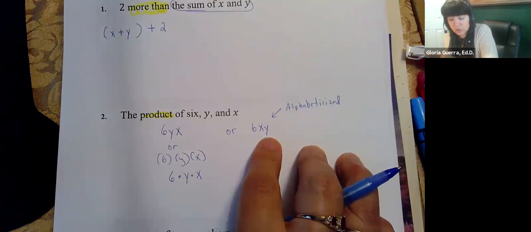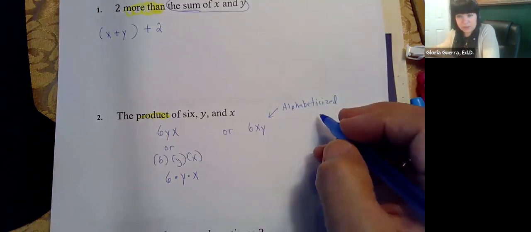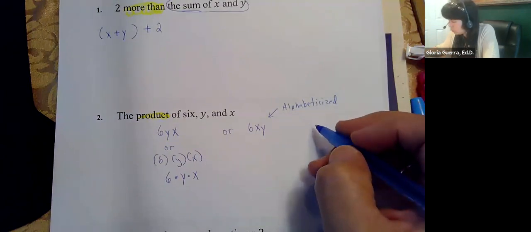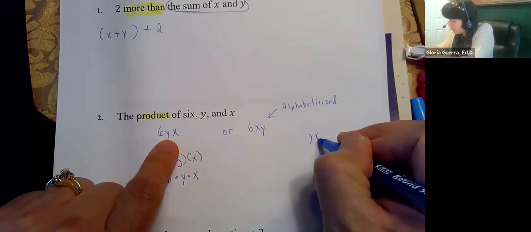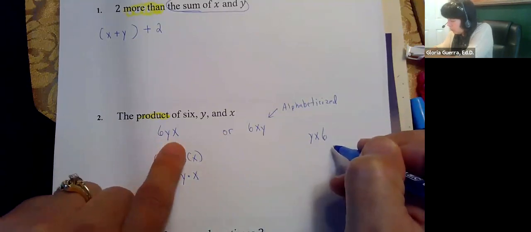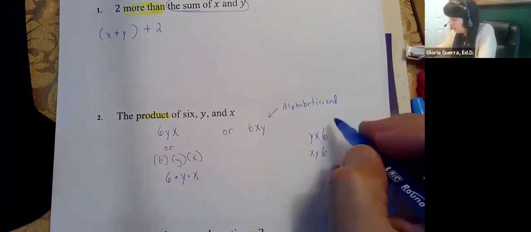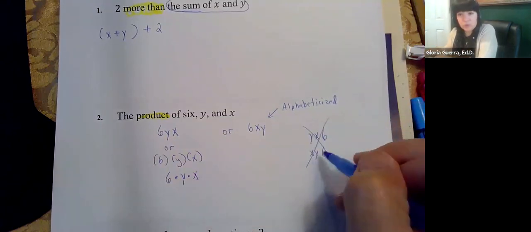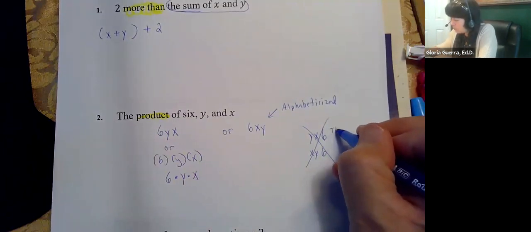What you shouldn't do though, I think this normally hurts our eyes, like for a math teacher. You shouldn't do the y times x and then put the 6 there, or the x and then y and put the 6 there. That we would say no, don't do that. The 6 is a coefficient.